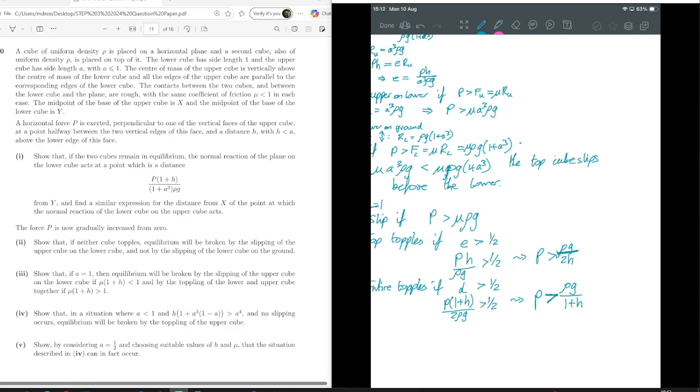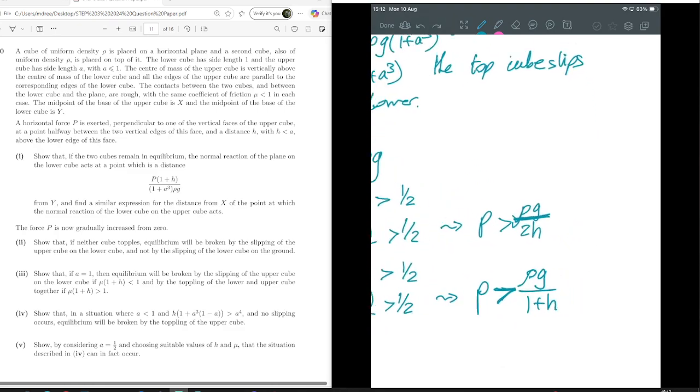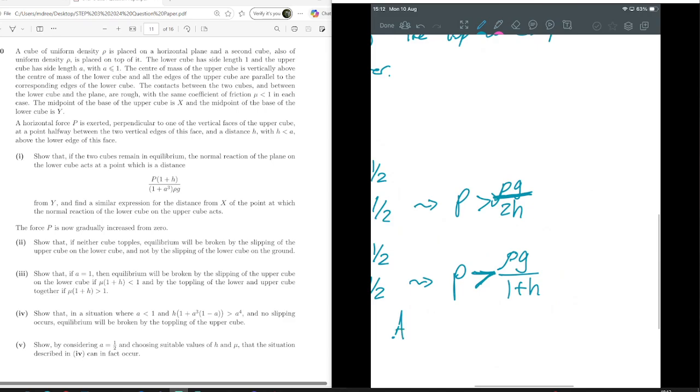So, what are the different situations for each of these? Well, firstly, these second two look very, very similar. So let's see what happens with those. As we said, H has to be smaller than A, so H has to be less than 1.